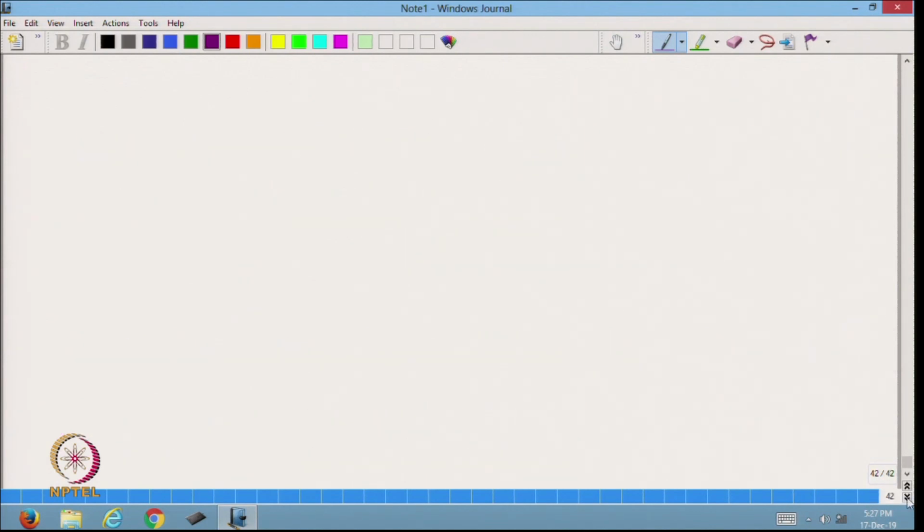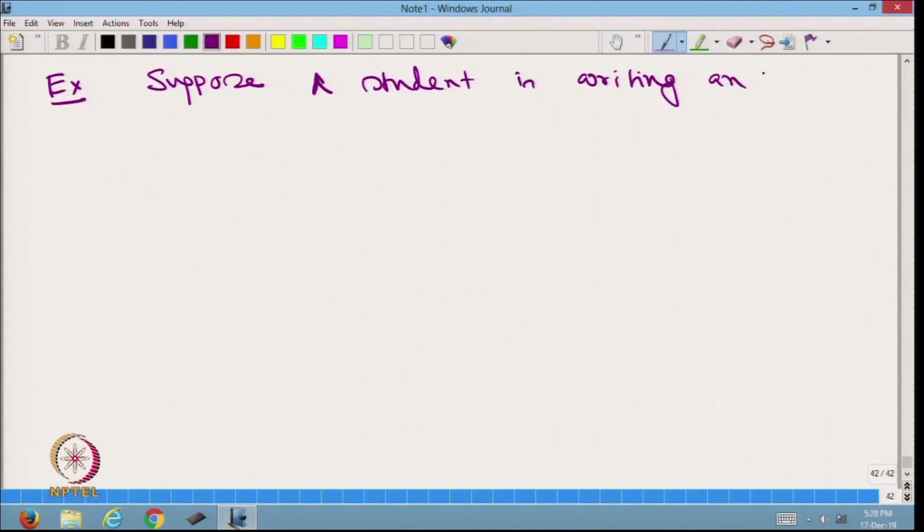Let me give an example. Suppose a student is writing an MCQ test.